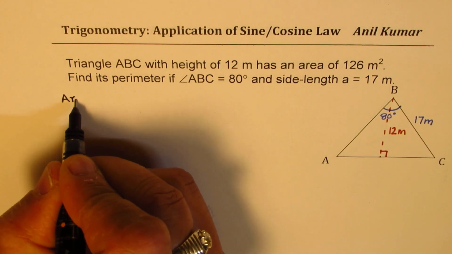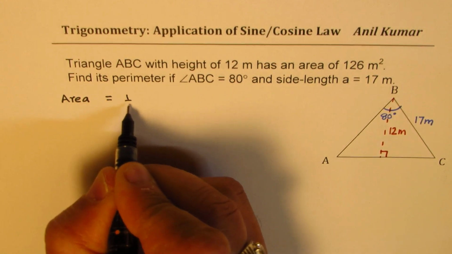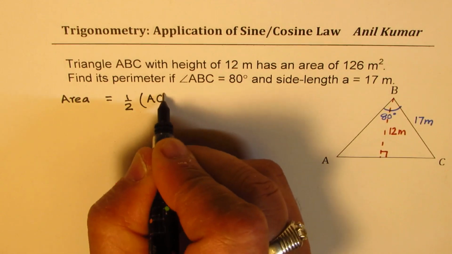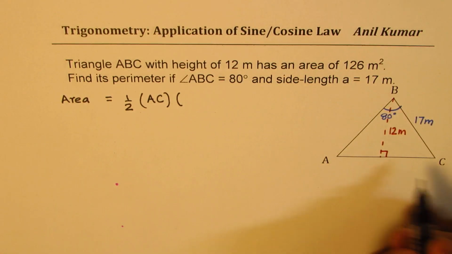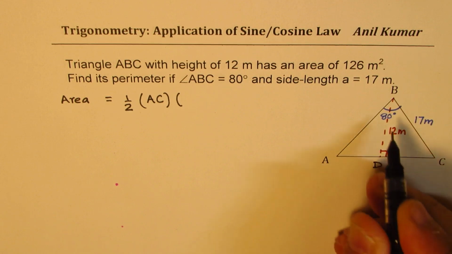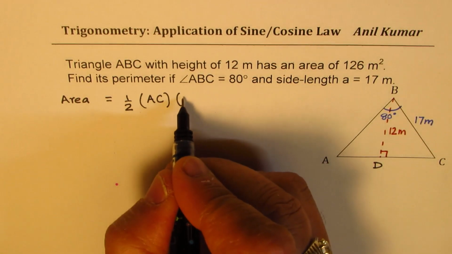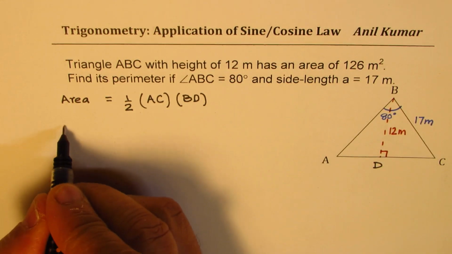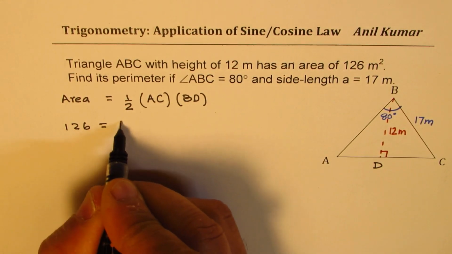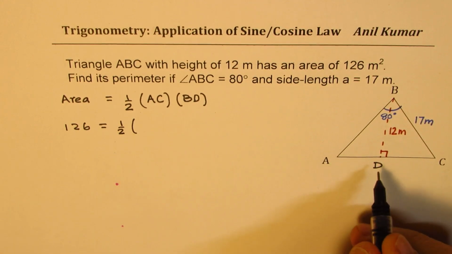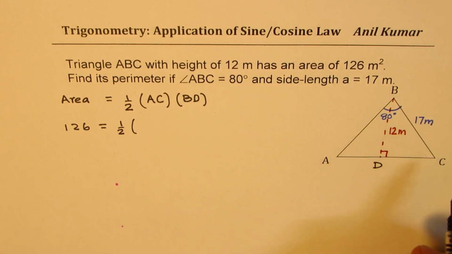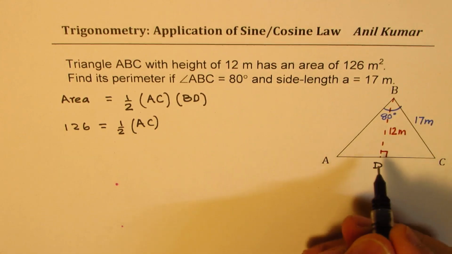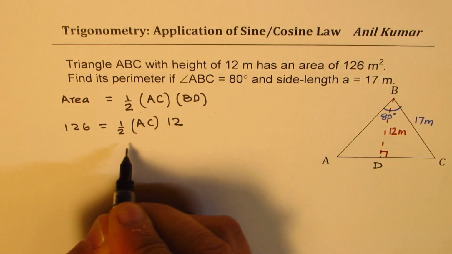So area equals to half of base, which is AC, times height, which is, let me call this point as D, times BD. So we know area is 126, so 126 is equal to half of AC, which we want to figure out, times BD, which is 12, right, which is 6.